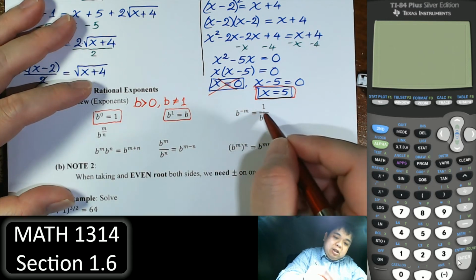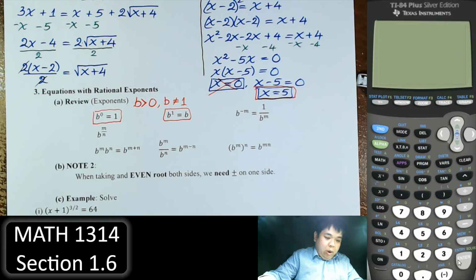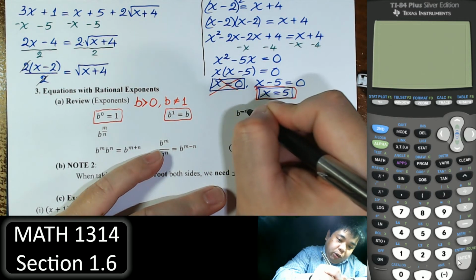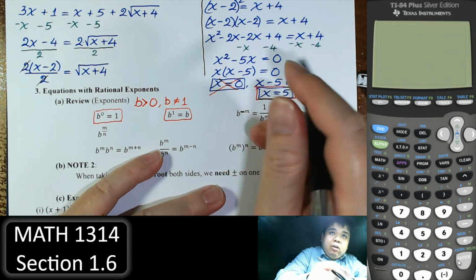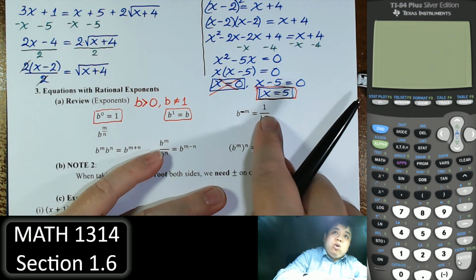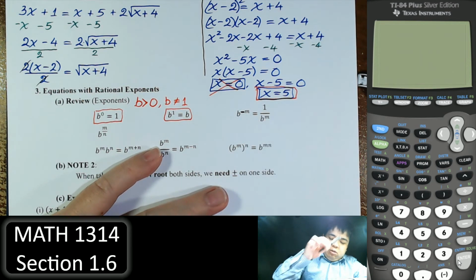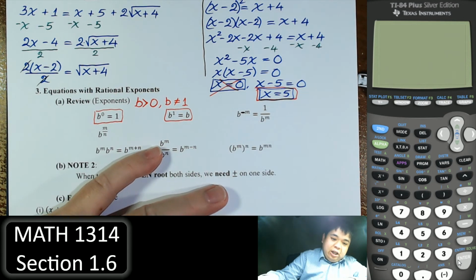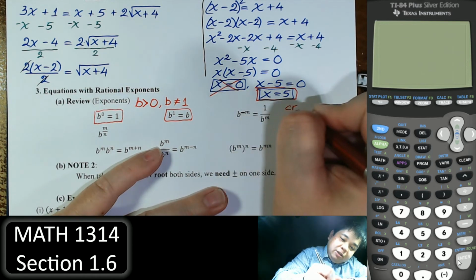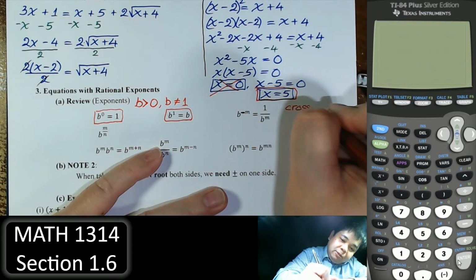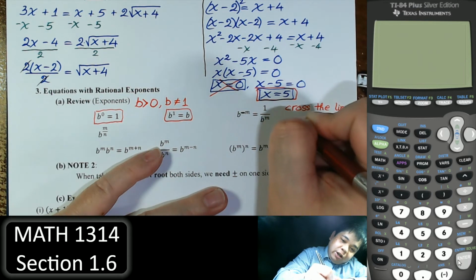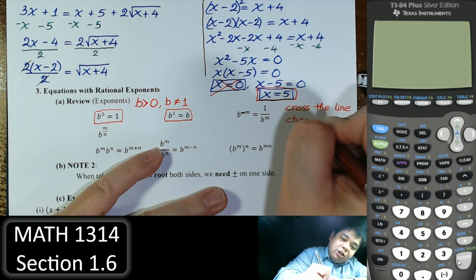And the negative exponent: when there's a negative, we move the B to the bottom and change the exponent from negative to positive. So here just say cross the line, change the sign.